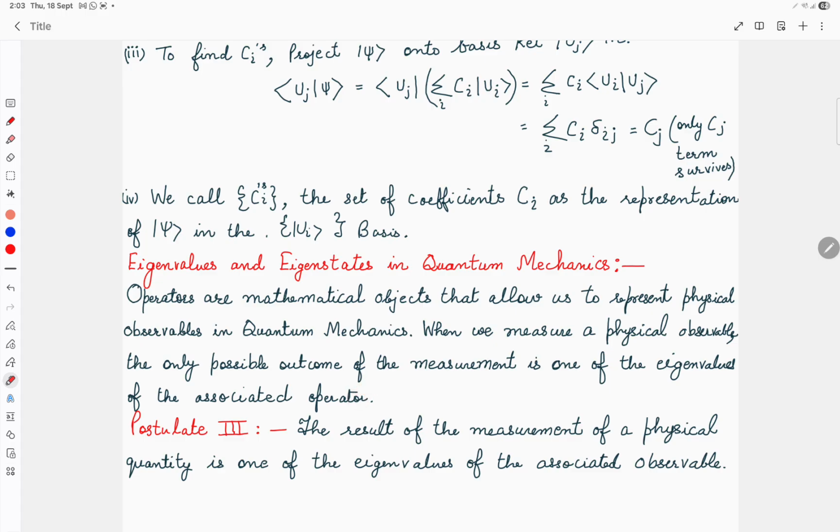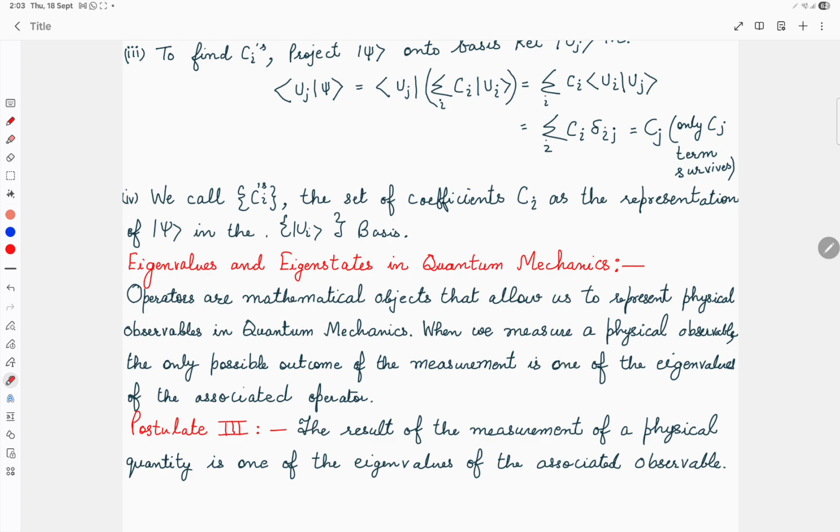The property which we are trying to measure is basically a matrix, and it will have eigenvalues and corresponding eigenvectors. When we measure the physical observable, the only possible outcome will be one of the eigenvalues, and the quantum system will be in one of the eigenstates corresponding to that eigenvalue.